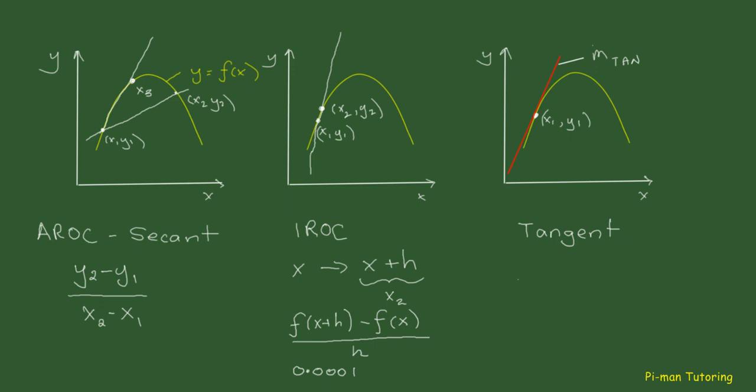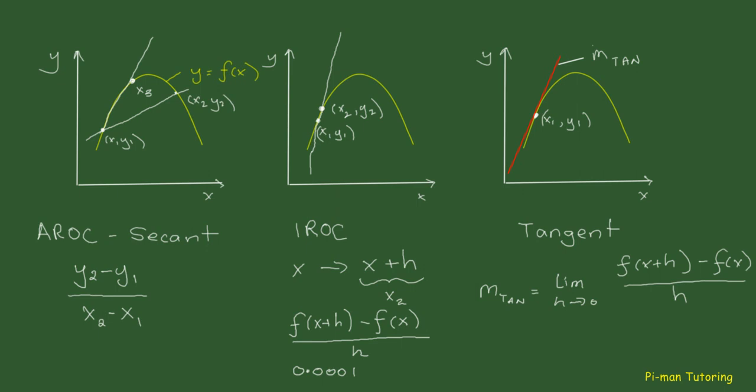Now to get that, we're going to use the instantaneous rate of change formula, except that we're going to let h get closer and closer to 0. And the way we write that is that this slope, this tangent, is going to be equal to the limit as h tends to 0 of f of x plus h minus f of x divided by h.